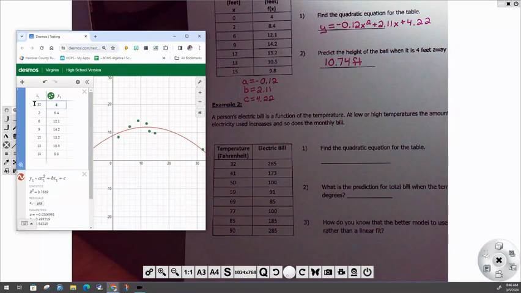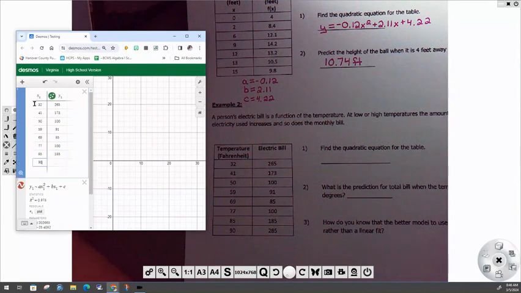So I have 32, 265, 41, 173, 50, 100, 59, 91, 69, 85, 77, 100, 85, 185, and 90, 285.